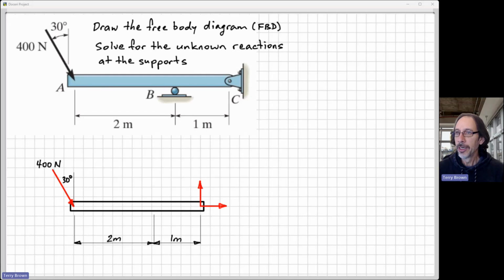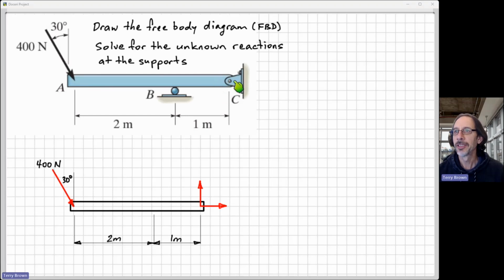So over here at point C, we've already seen the reactions come up here. So why have we got these reactions that are shown here, a horizontal force and a vertical force? Well, we look at the type of connection that it is, and we see that it's a pin connection. And we know that a pin connection will prevent the body that's attached to it from moving in a straight line.